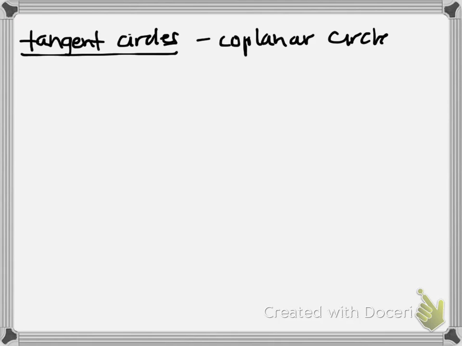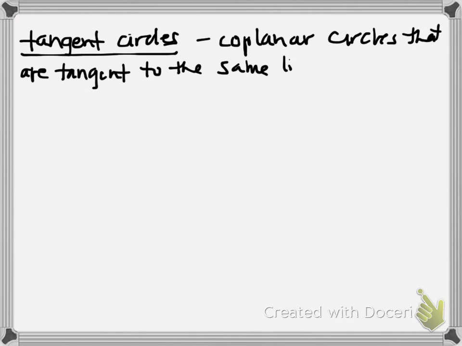Coplanar circles that are tangent to the same line at the same point. So if you think about it, circles are considered tangent circles if they have the same point of tangency. Okay? So each of them has a point of tangency, and they touch only at that point of tangency.